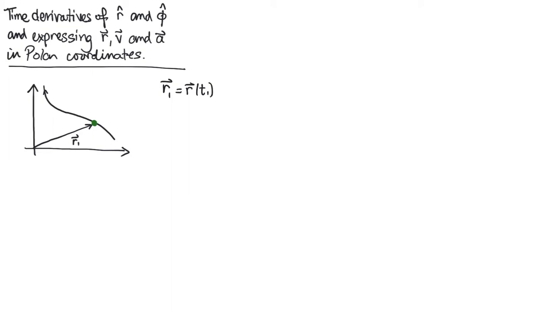So we can draw here the unit vectors. We have the r1 hat unit vector. And what do I mean by r1 hat? By that I just mean the r hat vector at time t1.